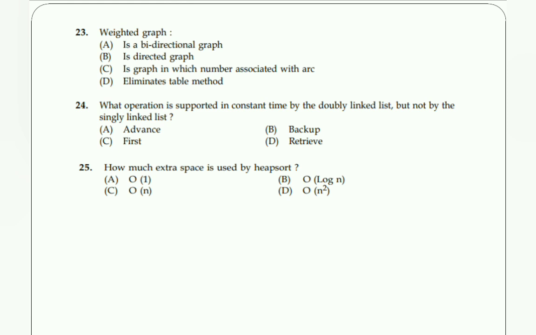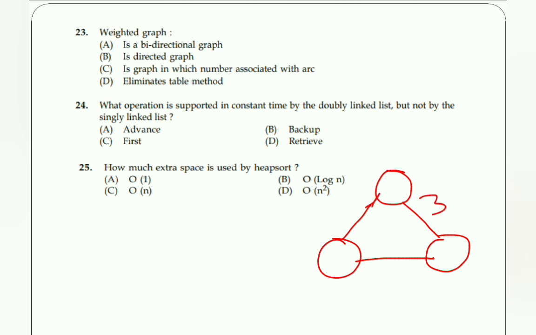A graph in which each edge carries a value is said to be a weighted graph. That means in a particular graph, if there is any value between the two vertices for an edge, like 3, 4, 2, then it is called a weighted graph.